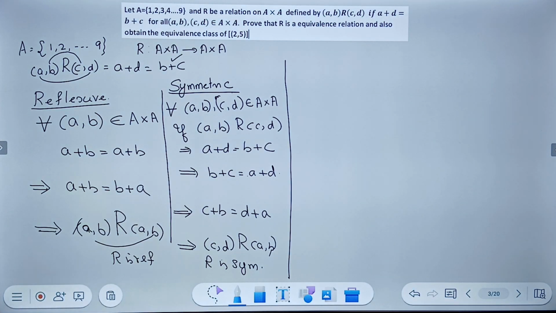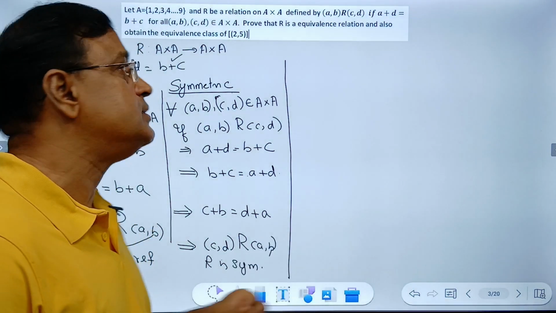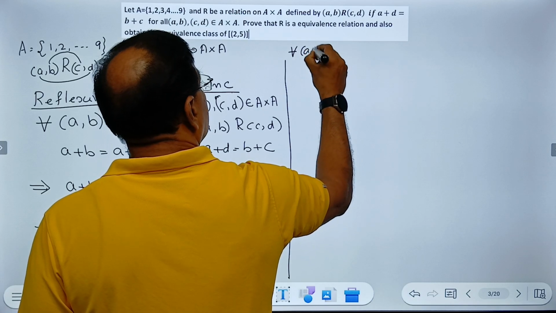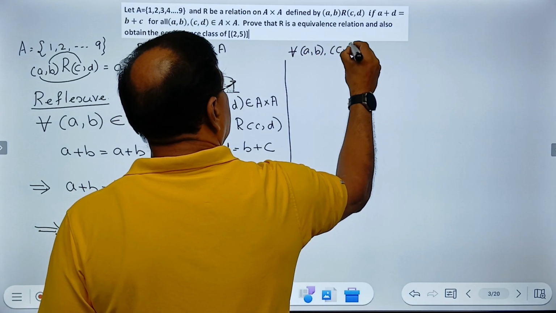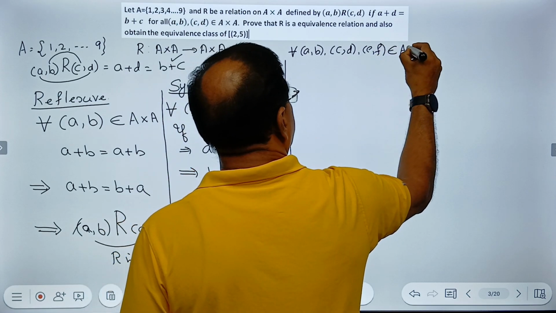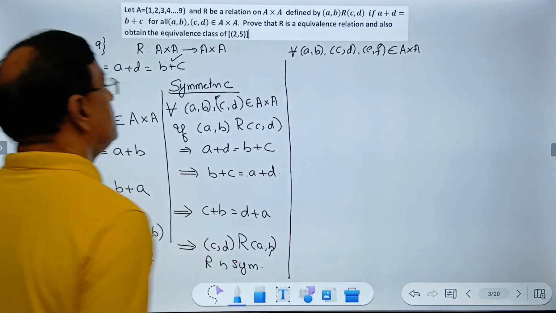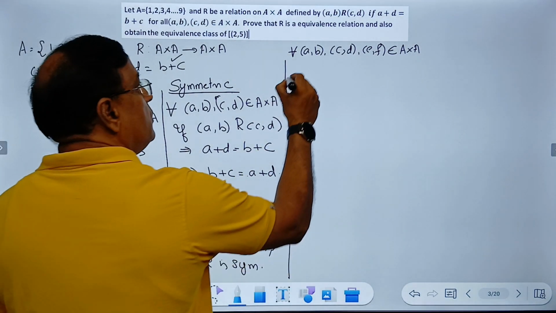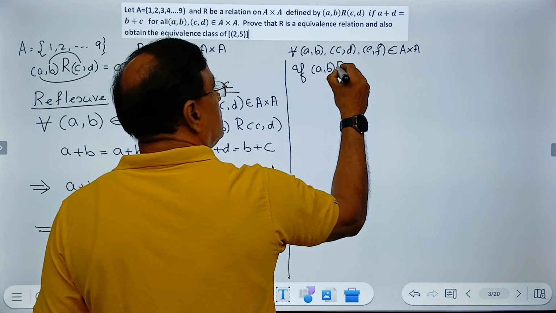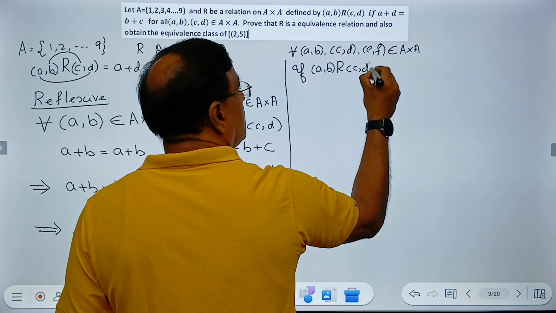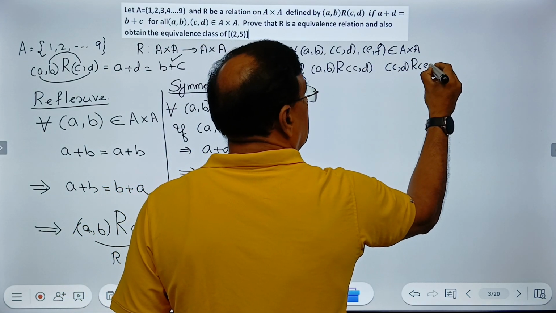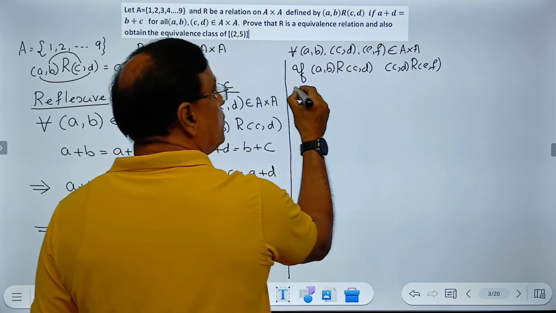I have to prove that R is transitive. So for every A comma B, C comma D and E comma F belonging to A cross A, if I choose 3 elements, if A comma B is related to C comma D, and C comma D is related to E comma F, what do you know?